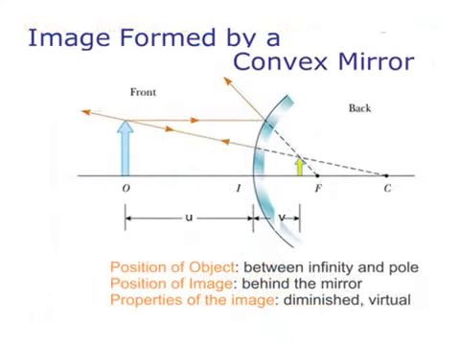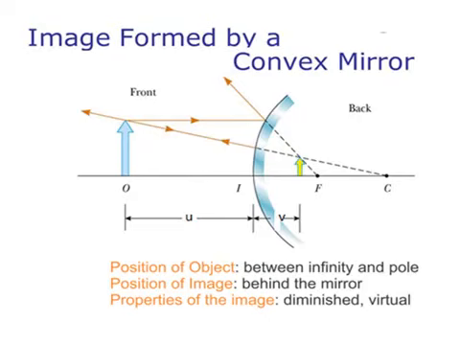Now this is the second position where the object is being kept. The position of the object, which you see as an upward arrow above the principal axis, is between infinity and pole.